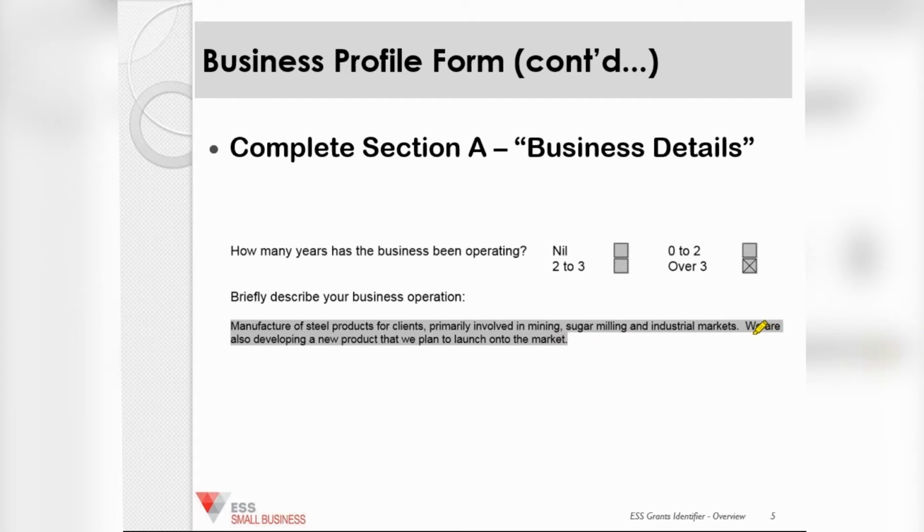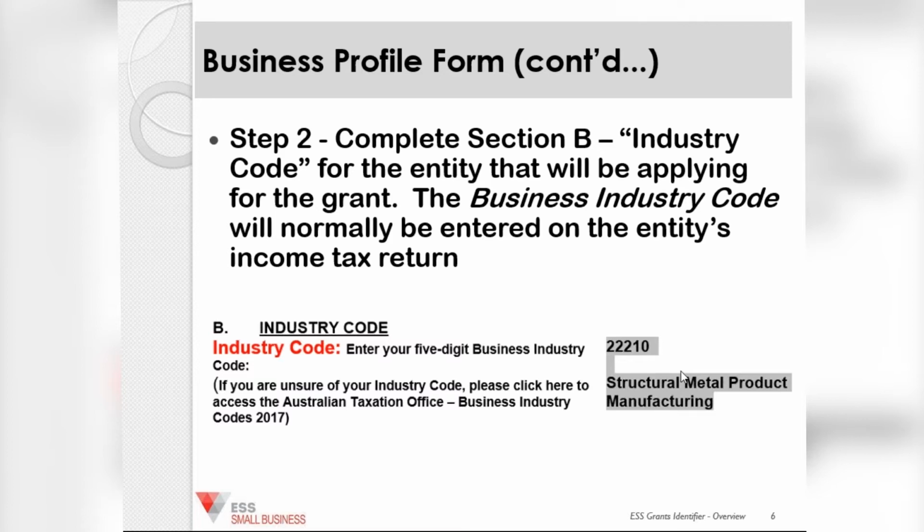And in this hypothetical, this company also indicated that we are developing a new product that we plan to launch onto the market. If you are doing something like that, or indeed anything that's a little bit different, please show us on the form so that we get a better feel for what your business is doing, and that will help us to identify some grants that otherwise might have been overlooked.